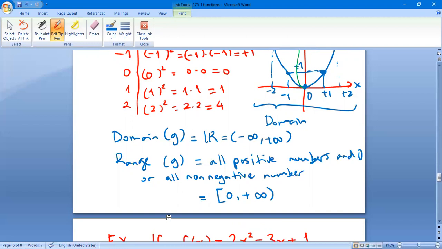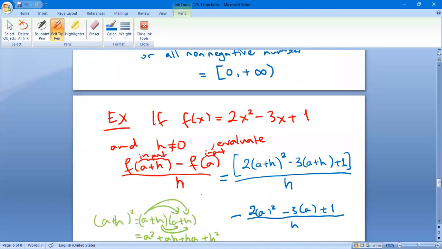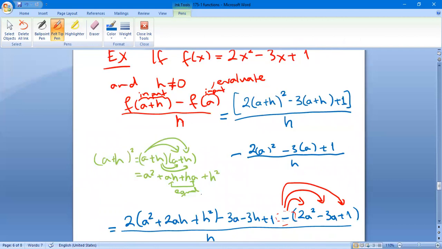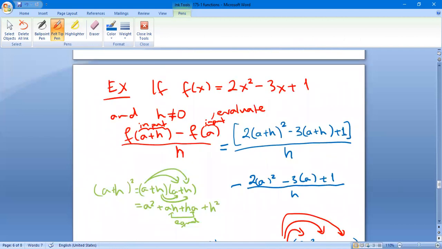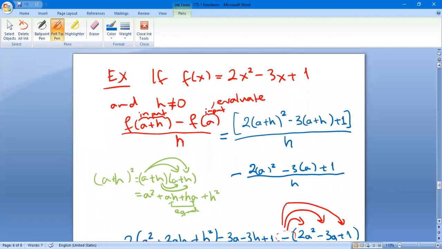Okay, so another example is this function. If f is 2x squared minus 3x plus 1, then also let's say h is some non-zero number. It can be anything. It can be 1, 5, or -4, -7, whatever.